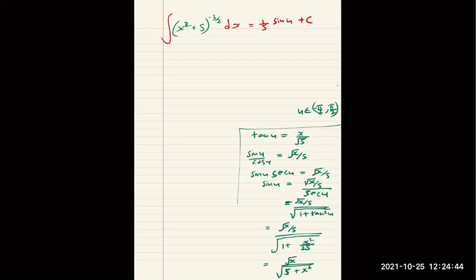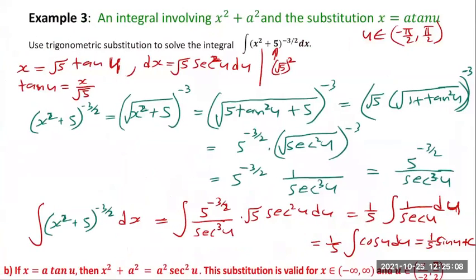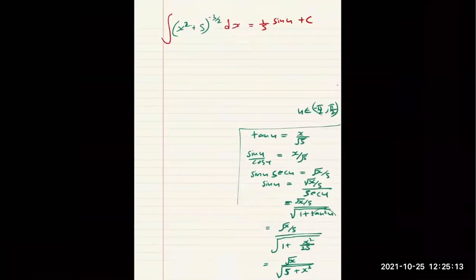When you put in tan u equal to x over square root of 5, I think I'm having the incorrect substitution here. This should be x over square root of 5. Remember my substitution. According to my substitution, tan u is equal to x over square root of 5, not the square root of x over 5.